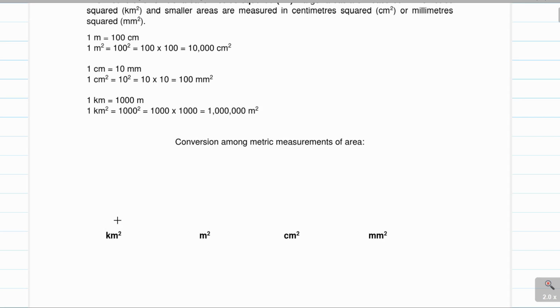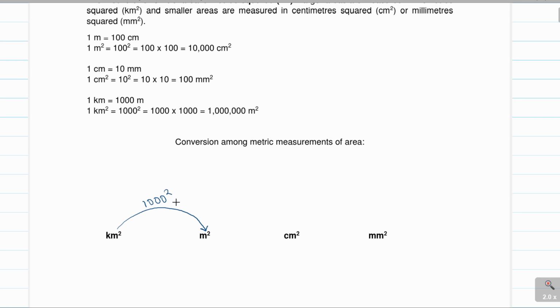Alright, so if we want to go from kilometers squared to meters squared, what would we do? We know that 1 kilometer is 1,000 meters. Okay, but it's not kilometers to meters, it's kilometers squared to meters squared. So it's 1,000 squared.